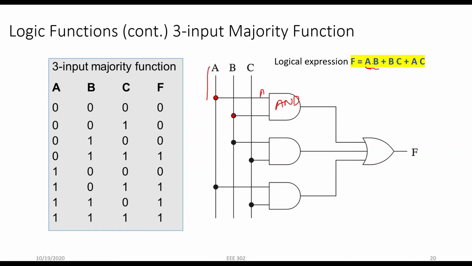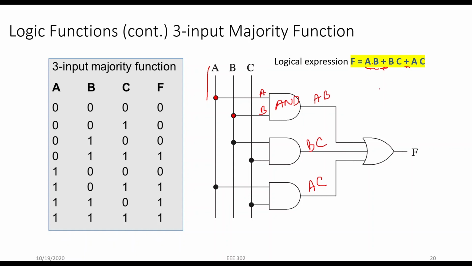So that means this is A, this is B, and the output of this gate will be AB. Similarly, we have BC over here, and for this case we have A and C over here, and we can see that there is a plus sign.